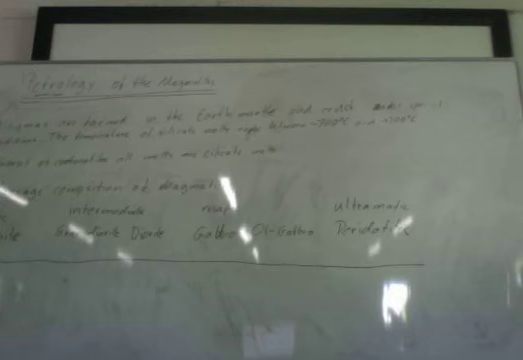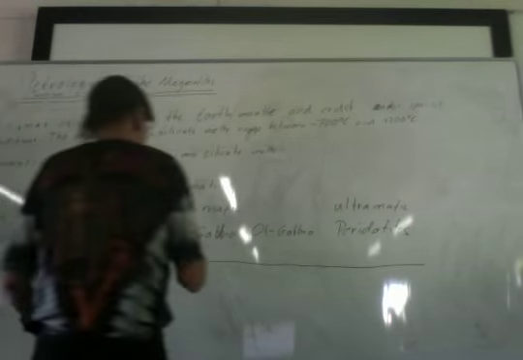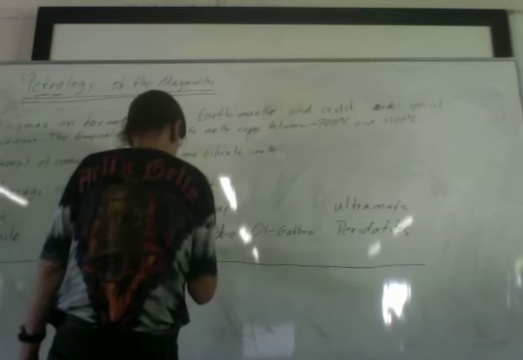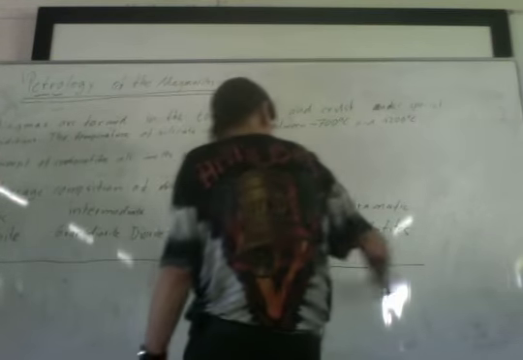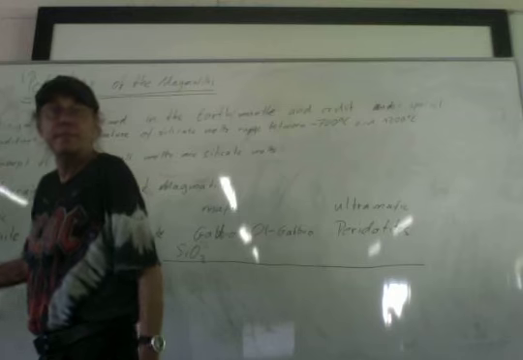You can find it in the granite and in the diorites and so on as a mineral. So that is the SiO2. That increases from here to here.